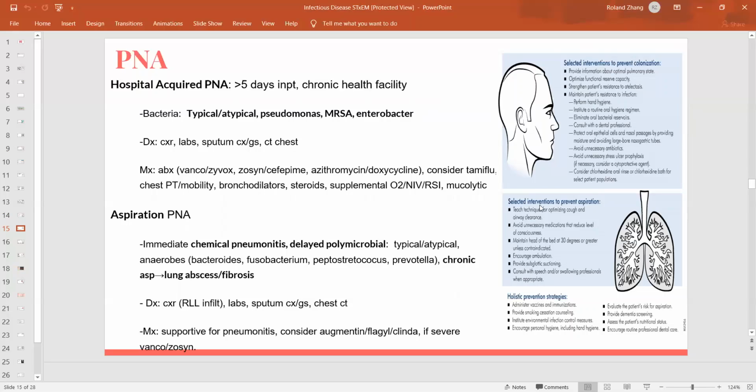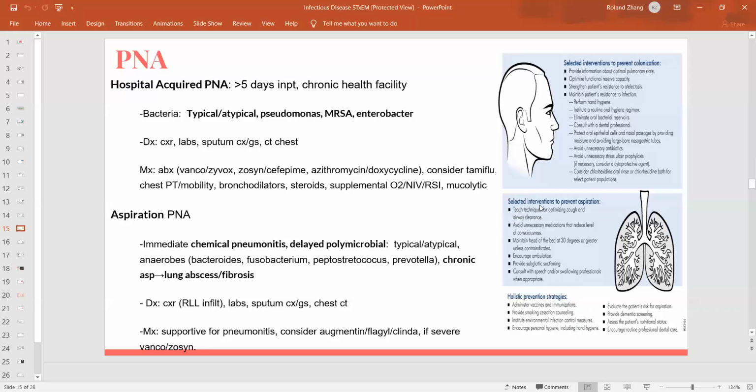Diagnostic tools will still be the same as for community acquired. Your antibiotic management will be a little different because of Pseudomonas and MRSA coverage. But you should also include atypical coverage with azithromycin or doxycycline, and strongly consider antiviral with Tamiflu.